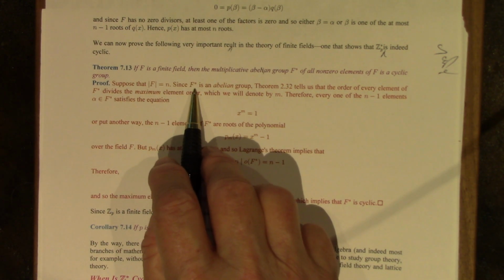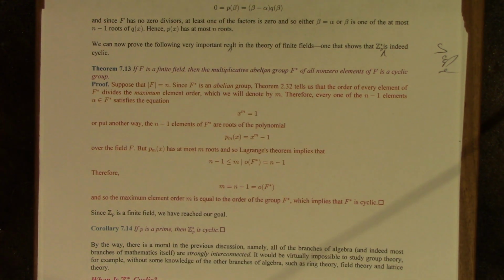Since F star is an abelian group, we had a theorem in chapter 2 that told us that the order of every element of F star divides the maximum element order. We did a proof by contradiction.